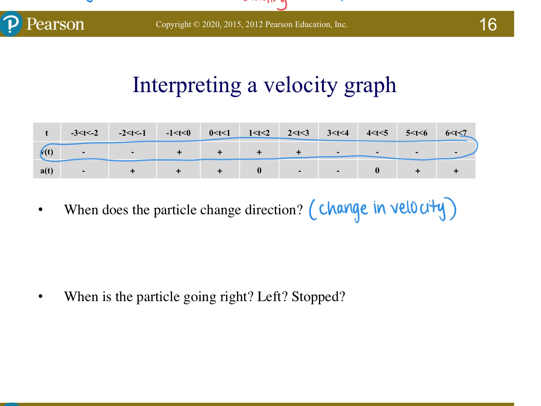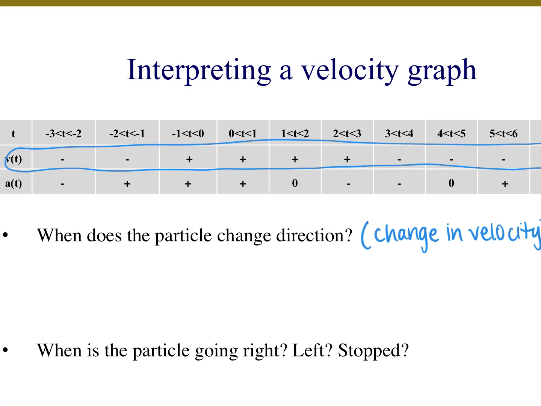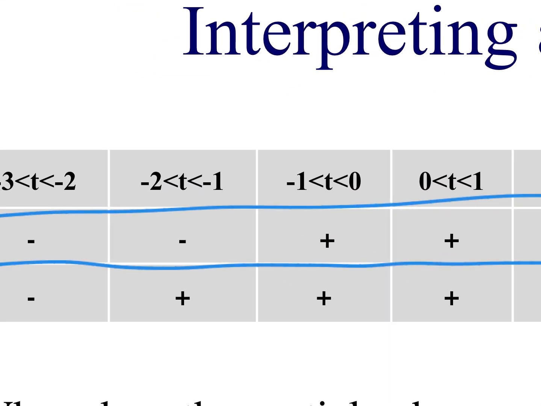I see 2. Where do you think it changes velocity first? -1. Okay, is the number -1 included on this chart actually? No. I have less than -1 and I have greater than -1.